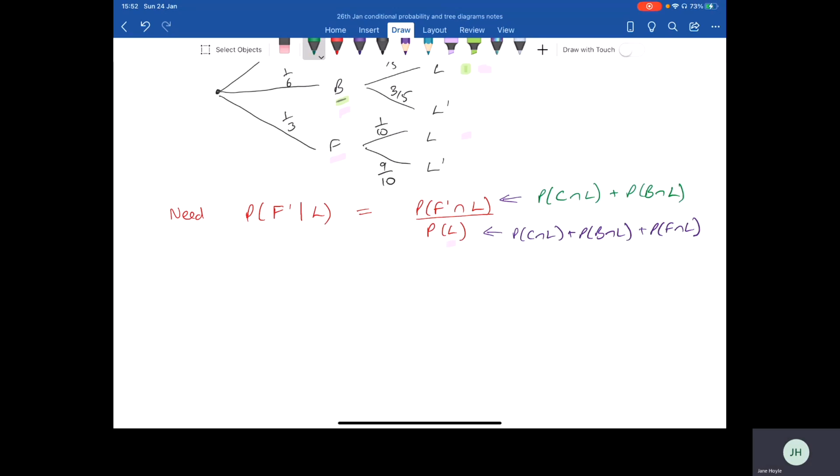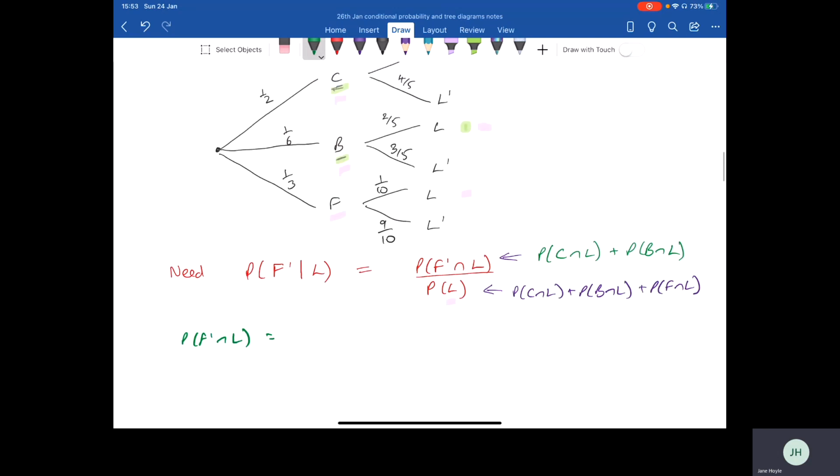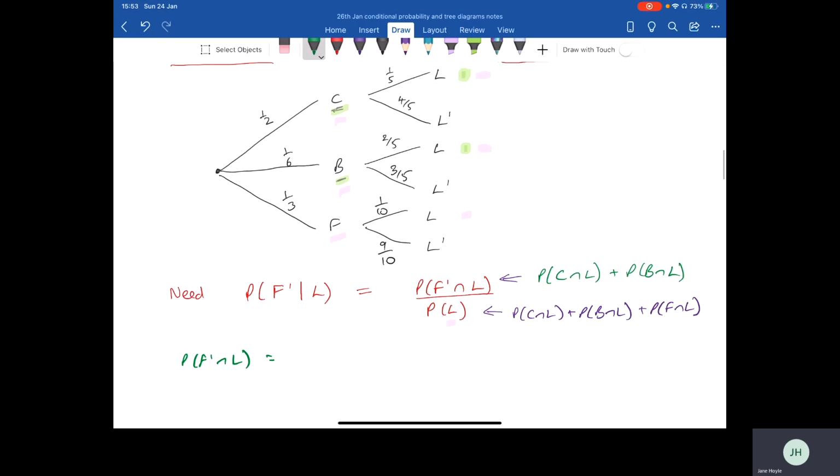So the numerator, probability F dash and late, is equal to, so I need to see the tree. The first option, that one with that one, is 1/2 multiplied by 1/5, plus bike and late.